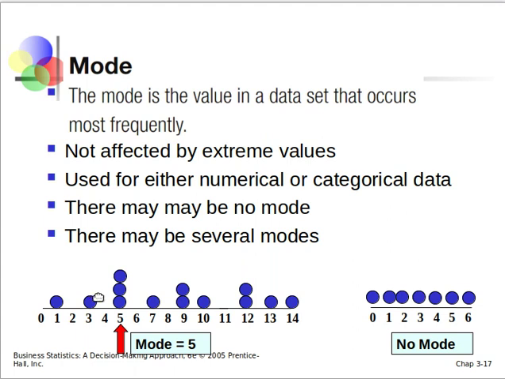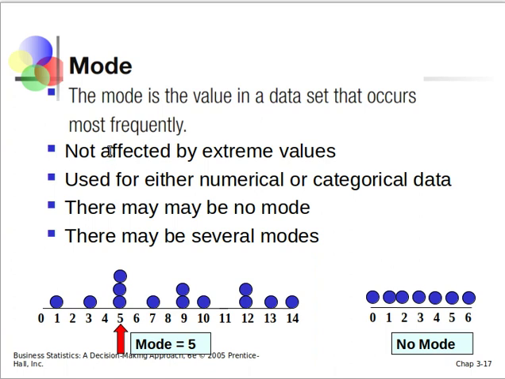Now, how about the mode? We finished with mean, we finished with median. Now, the mode. The mode is the value in a data set that occurs most frequently. Itong pinakadaghan nga data sa data set. Pinakadaghan nga parehas. It is not affected by extreme values like the mean.